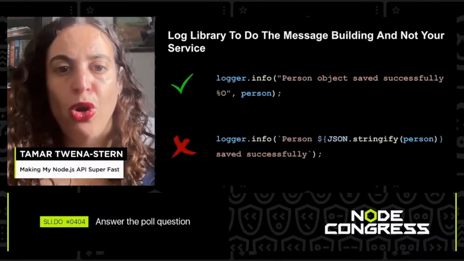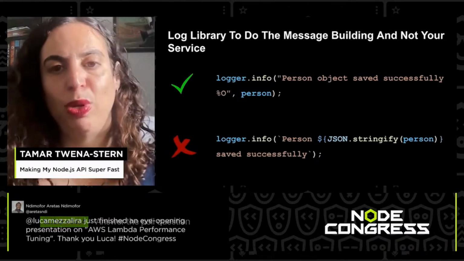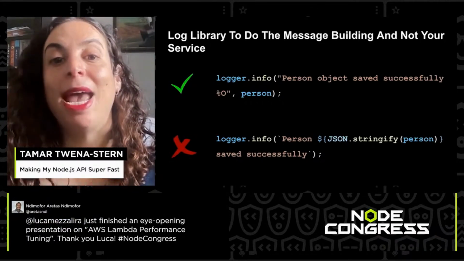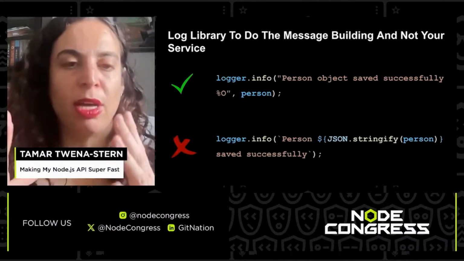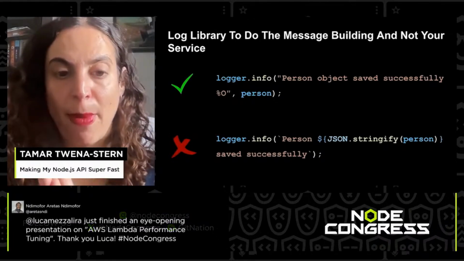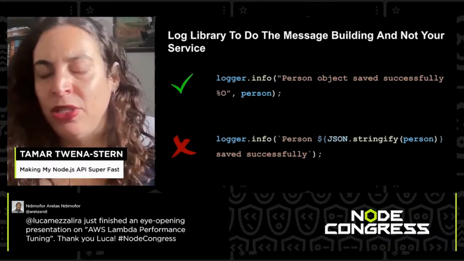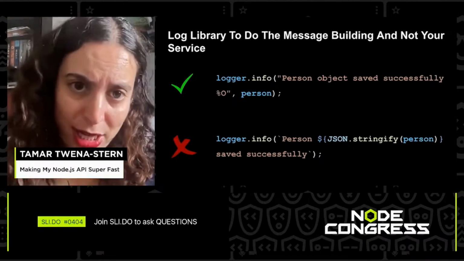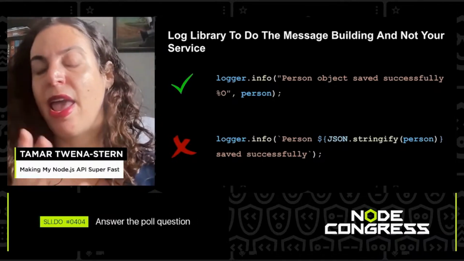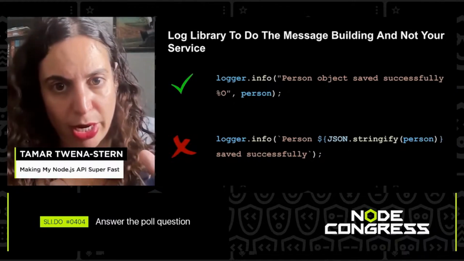Another important tip that I would like to give you is, when we're doing logs, we have a lot of string concatenations. But the log library should manage the string concatenation. Don't do the string concatenation in your application by yourself, as you can see in the example below, because it seems minor to you. What is actually happening behind the scenes is that if my log level is, for now, error, then that string concatenation won't be done by the log library.